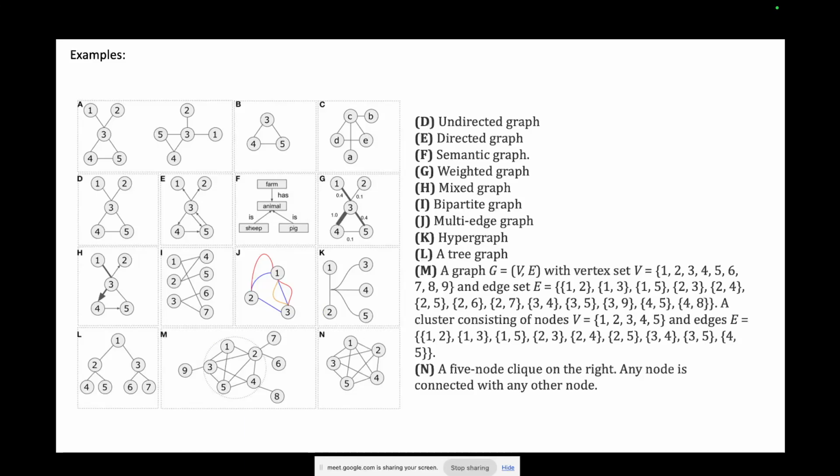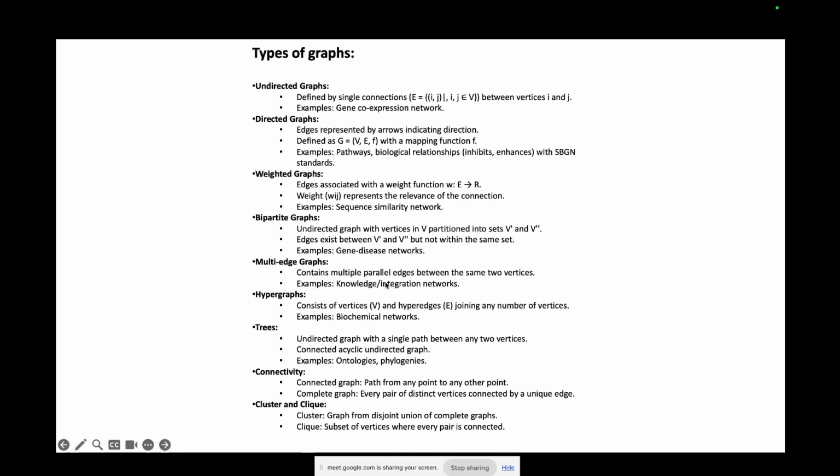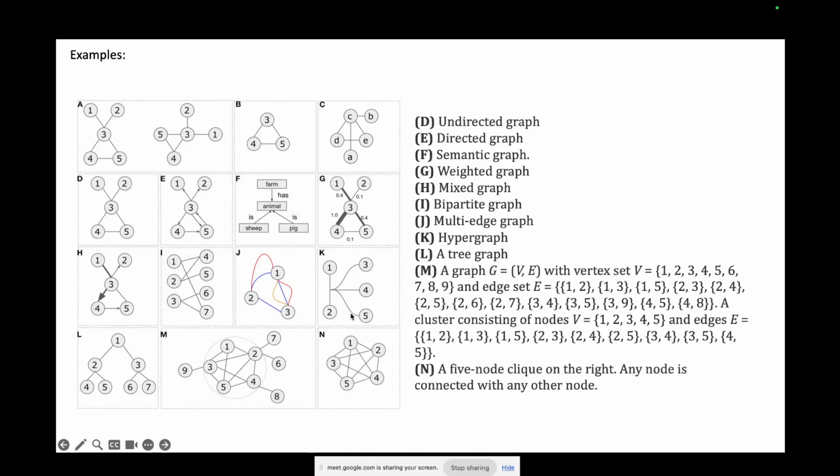So another type I want to highlight is the hypergraph. The definition of hypergraphs is basically you have a set of vertices and a set of hyperedges joining any number of vertices. A very good example of this is biochemical networks. Imagine a reaction, for example, compound 1 is getting converted to compound 2, and this conversion is helped by, say, different enzymes.